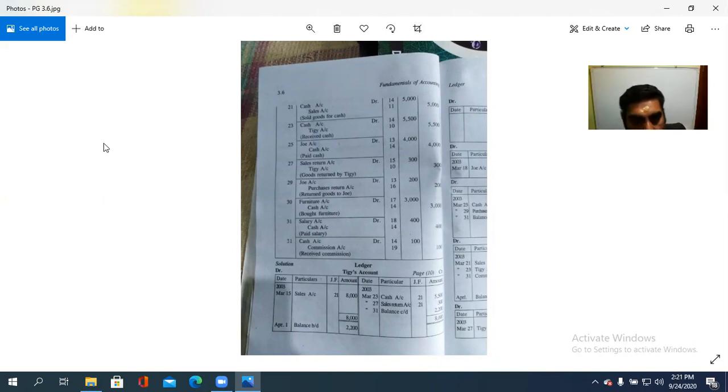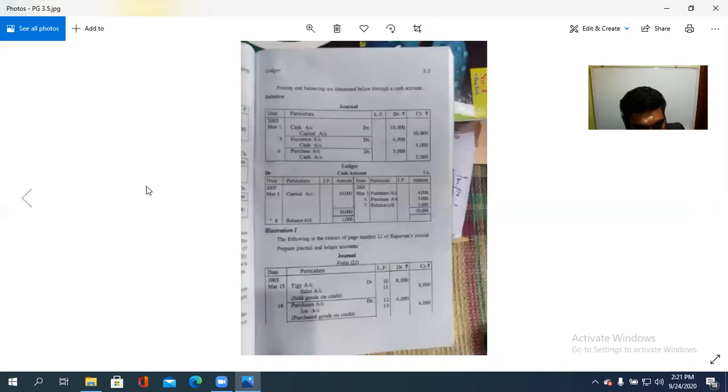From this, I will show you how to prepare several accounts. See, at a stretch, we will prepare several accounts. Some of the accounts have only one or two transactions and some have more. So we will prepare a big account for the one with more transactions and a small one for the small transactions.